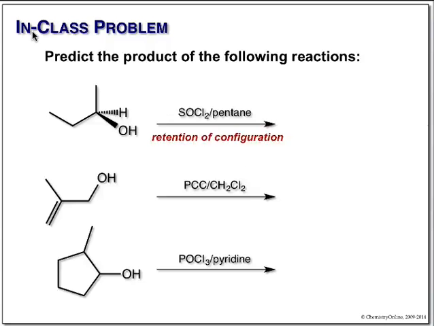And we get retention of stereochemistry. What we're going to do with thionyl chloride is simply change the OH group to a chlorine. When that happens, all we have to do is yank off the OH, stick on a Cl, same configuration, and it looks like that. Retention of configuration.